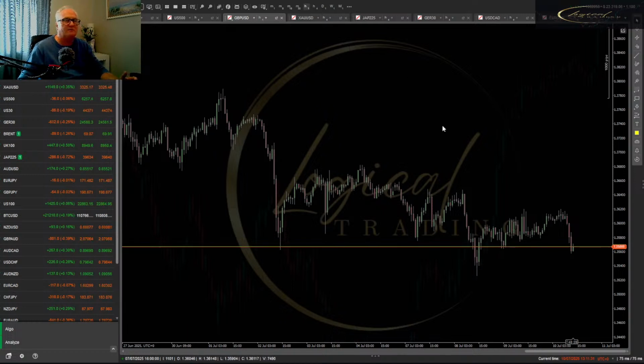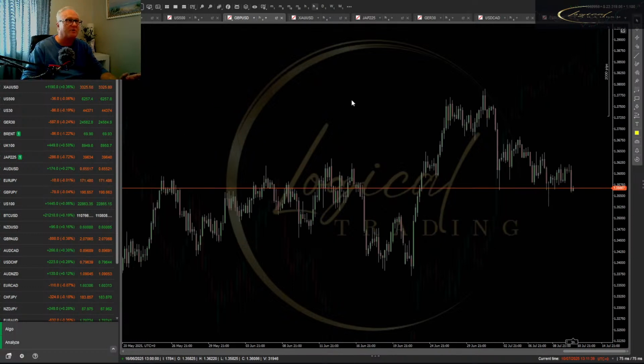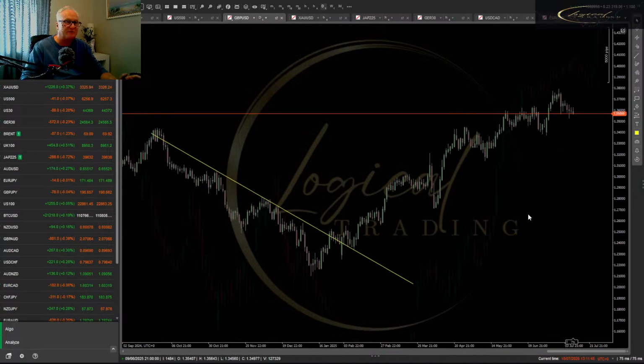All right. So this is the Great British Pound US dollar. I'm just going to draw the lines right here on the 4-hour chart. No, it's on the 1-hour chart. I want it on the 4-hour chart. If I take it up to a day, I just want to see what we've got. Look at the day chart on Great British Pound US dollar. Completely bullish.